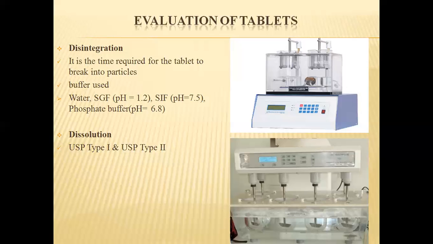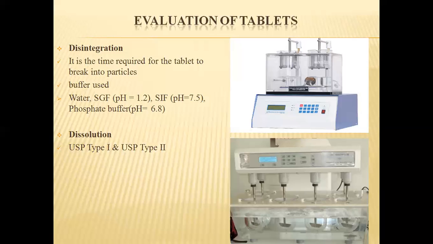If no tablet shows sign of disintegration or any cracks, we have to add a disc to each tube and operate the apparatus using a mixed phosphate buffer having pH 6.8 by maintaining the same temperature.